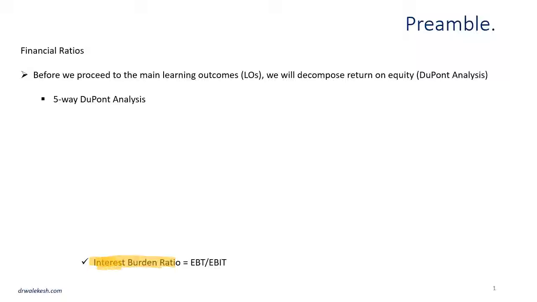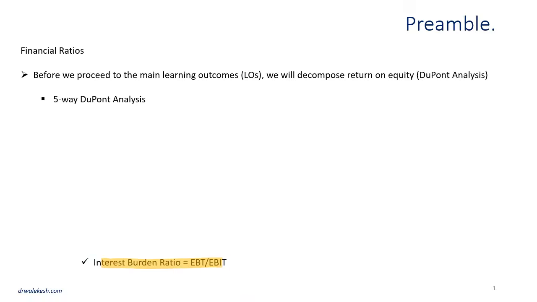I typically would define interest burden ratio as the income you go home with after paying interest. Interest burden ratio is EBT over EBIT. EBT is earnings before tax, EBIT is earnings before interest and tax.